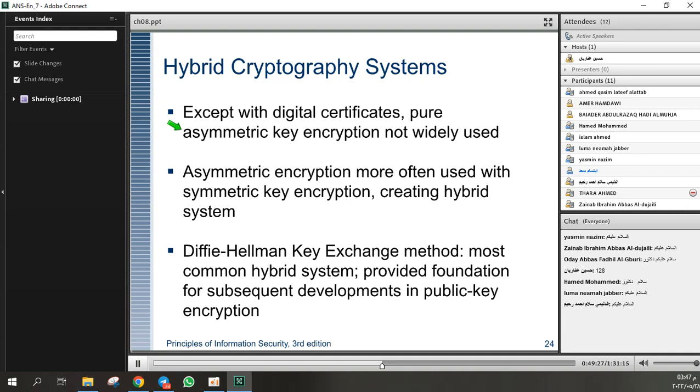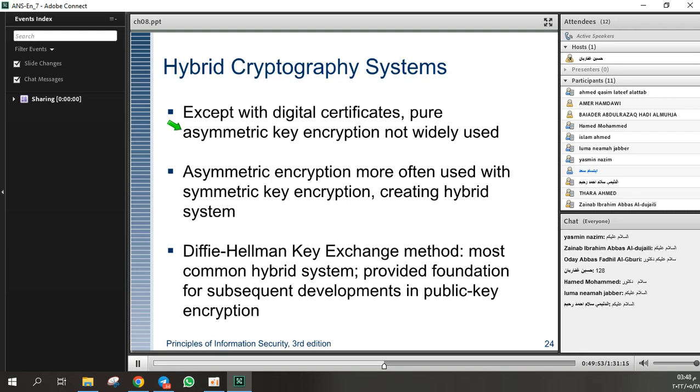Instead of that, we can see in current systems we are using hybrid systems. At the beginning of our communication, we are using an asymmetric key structure to exchange the shared key with the other side.